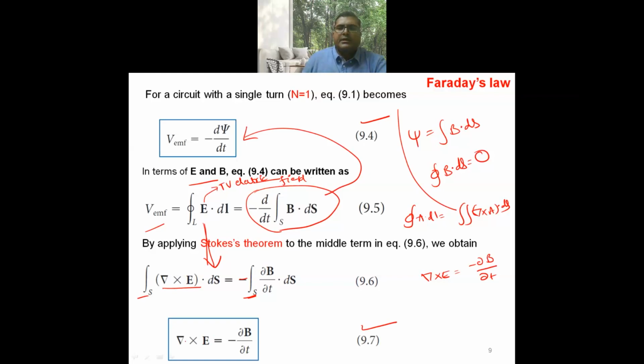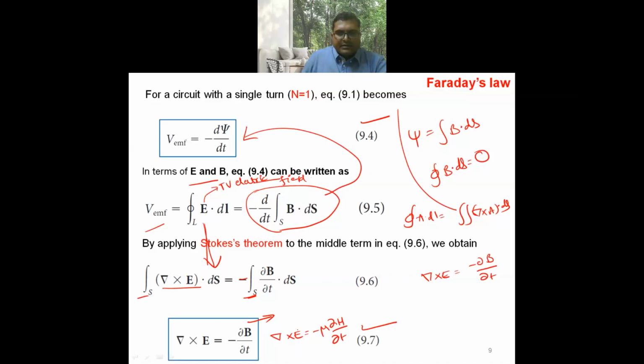Once again, I will read the final equation obtained from Faraday's law. Del cross E is equal to minus dou B by dou t. Here what it means is del cross E is equal to minus mu dou H by dou t.